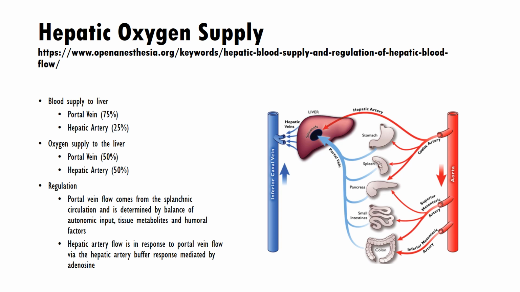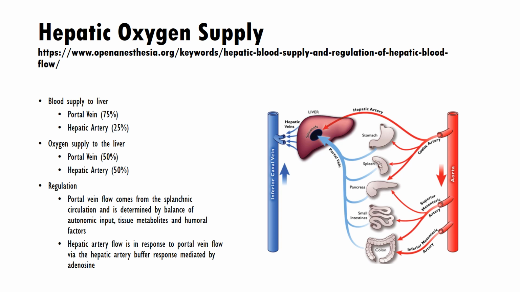Now, regulation of this blood flow is a bit complicated. Since the portal vein flow comes from the splanchnic circulation, and the splanchnic circulation varies based on autonomics, eating a big meal, and other metabolites, there needs to be a system to regulate flow through the liver to ensure that the liver is adequately oxygenated.